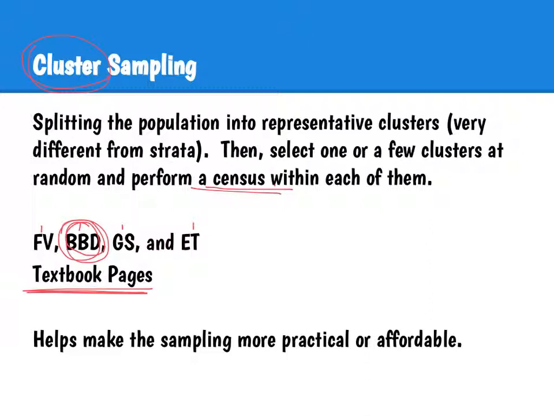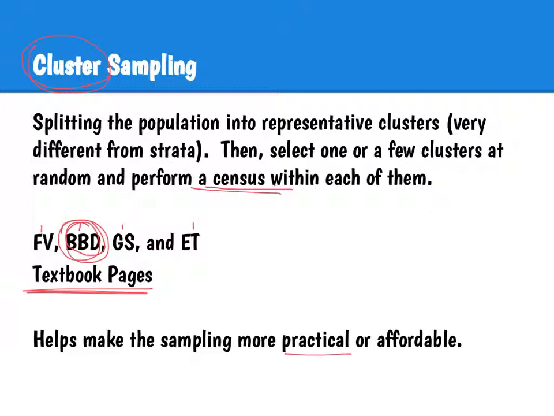It should pretty much represent a page in the book. So if I was looking at the number of times the letter E is used, we could take one page, and that'd be a lot easier than doing stratified, where I'd randomly pick a few from each page. It's just easier to pick one cluster and then sample that entire cluster.